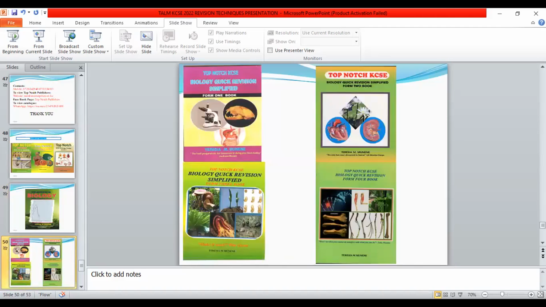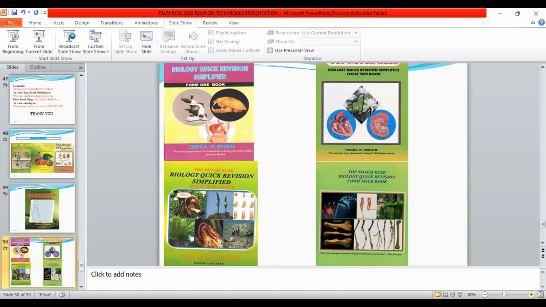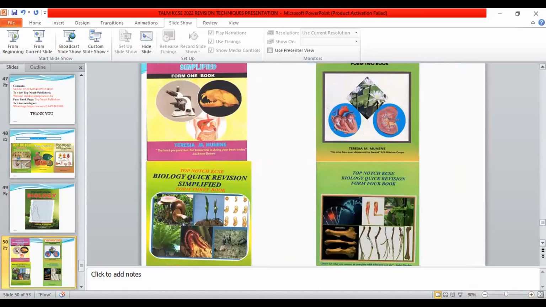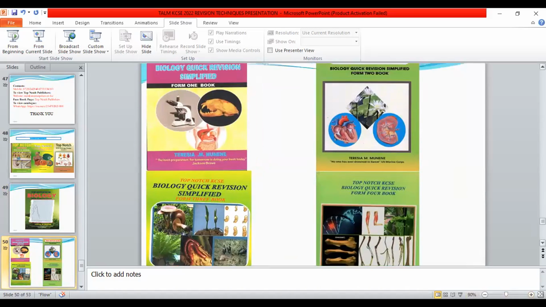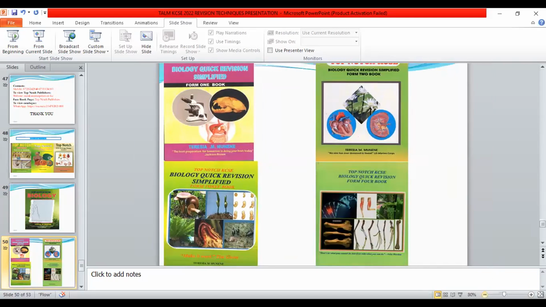Then we have the quick revision series from Form 1 to Form 4. I call these books quick revision because when you look, for example, at the Form 1 quick revision, a topic like cell physiology, I have tried to capture all the areas covered in that topic in the order in which the content follows in the entire topic.